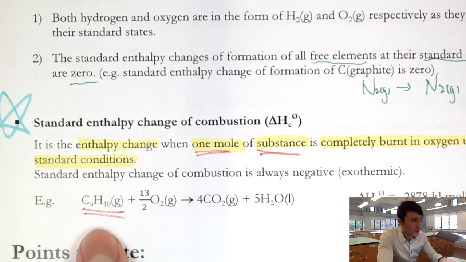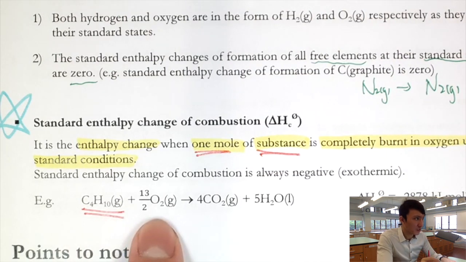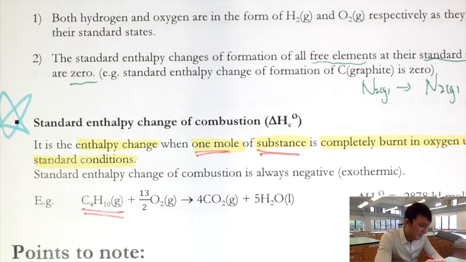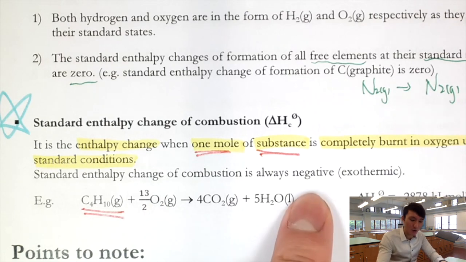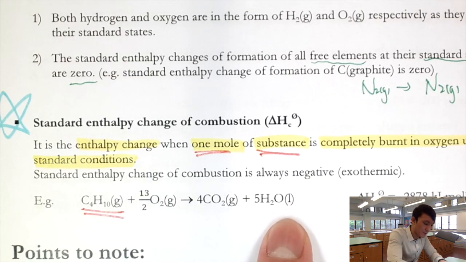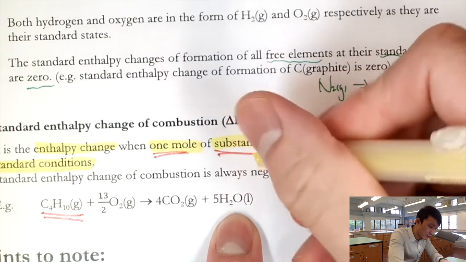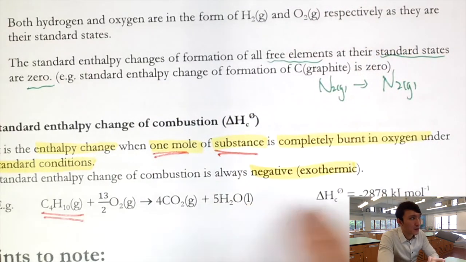So we must fix the number of moles of butane at 1. That's why the oxygen, even though 13/2 is ugly, we have to put it this way. Now for combustion, it is always exothermic.